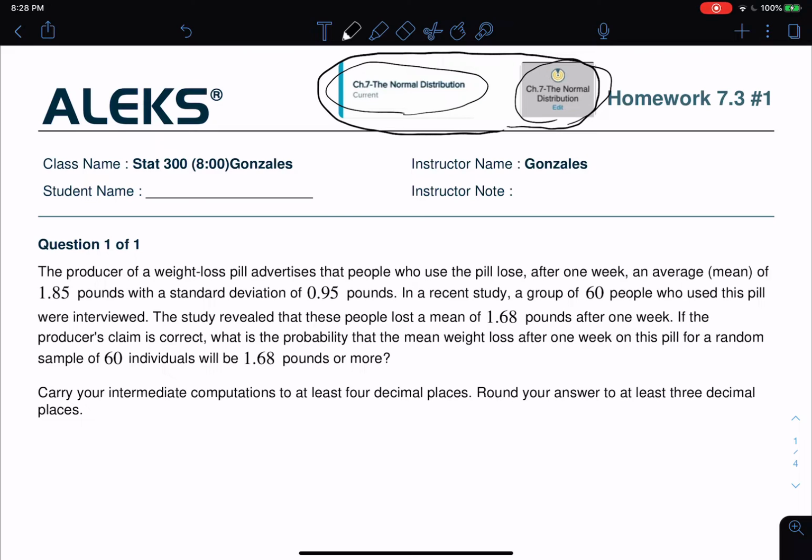These are the interactive questions from ALEKS in section 7.3, and also test number 3, part 2, all have questions that come from the interactive side. So that's what this is right here. There's just one question in 7.3 on the interactive side, and here it is.